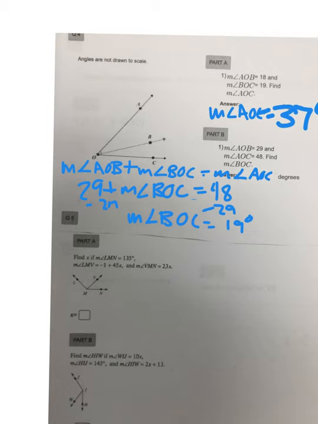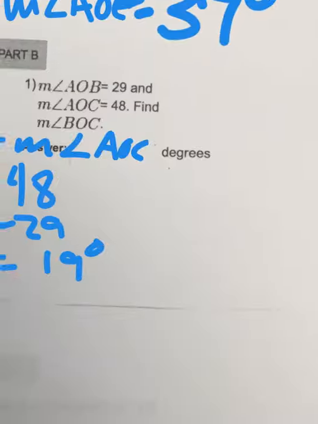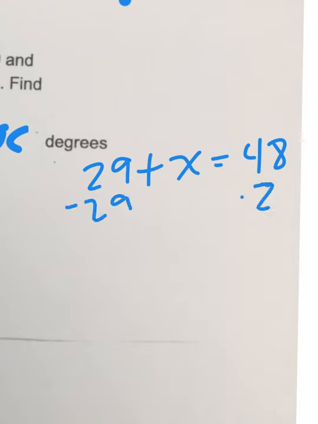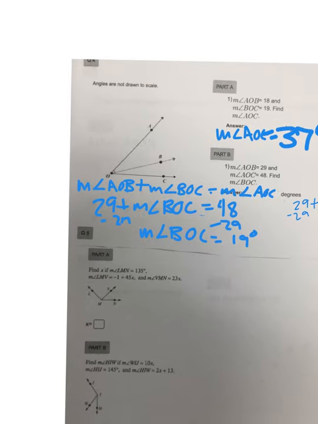It's just like if you had an equation, let's say if it said 29 plus x equals 48, then you know you subtract because you do the opposite, right? So it's the same concept. Treat this measure of angle BOC like it's an x or something in your equations.